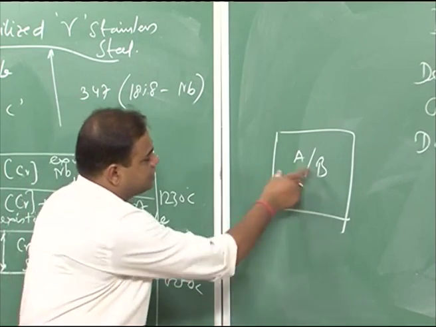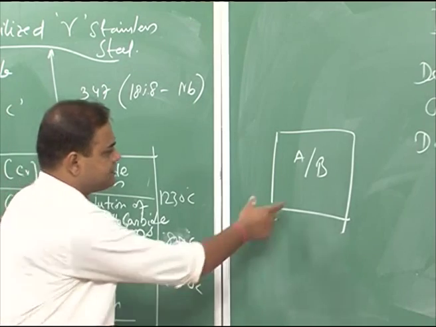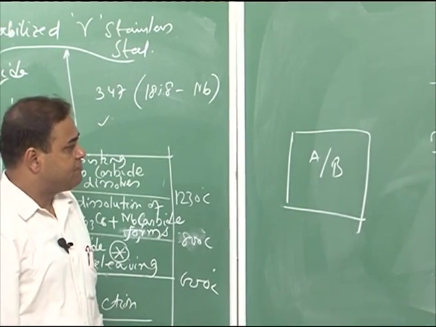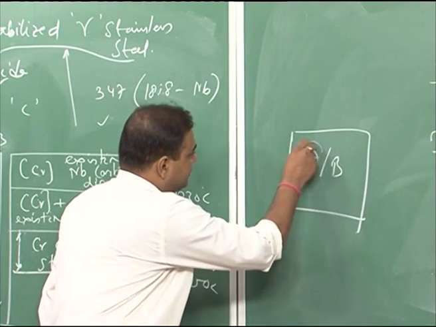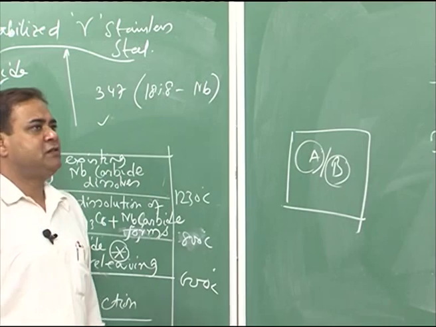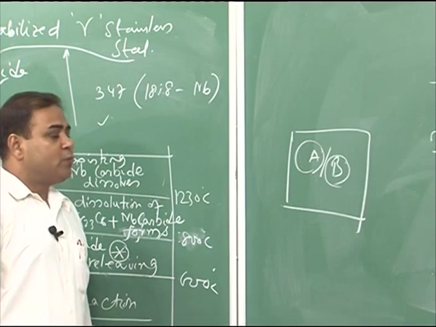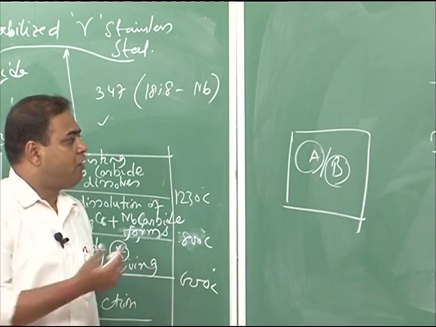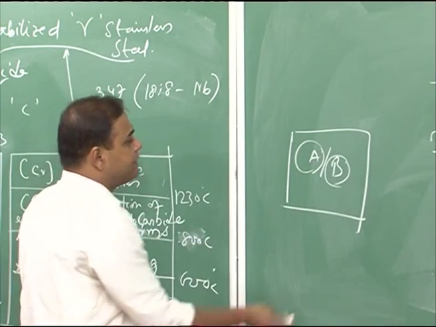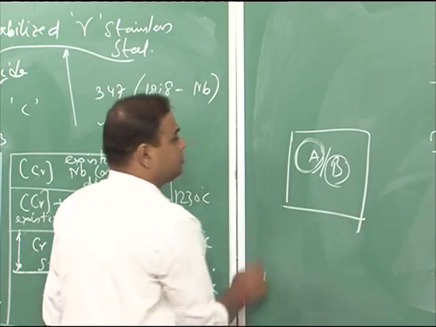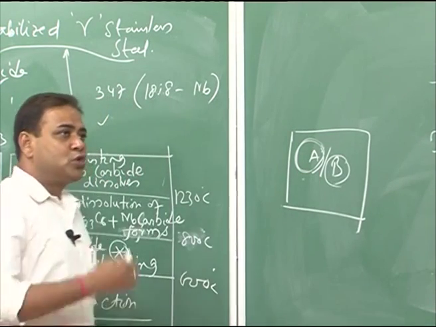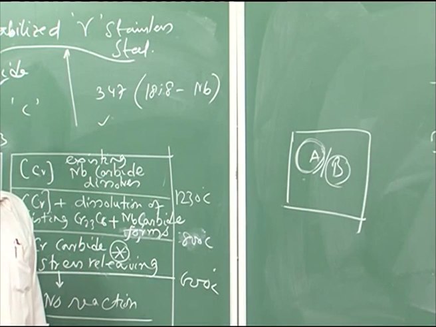And if it is exposed to a corrosive solution, depending on the electrochemical potential of individual elements, or the nobility or activity of the elements, the noble metal will stay back in the material, and the active metal would go into solution preferentially.